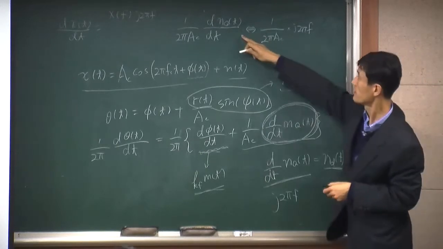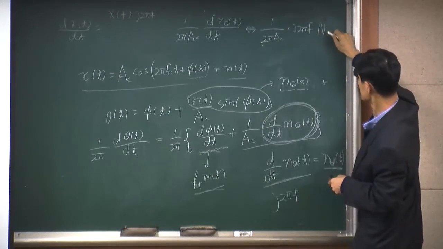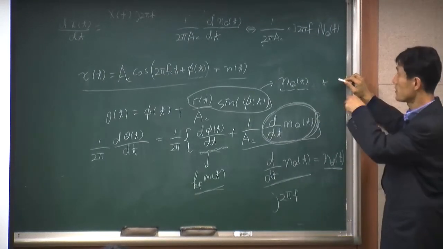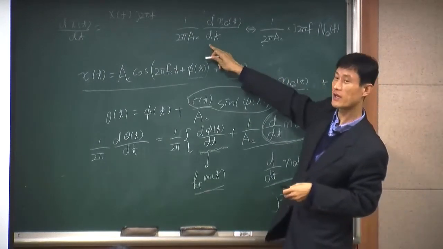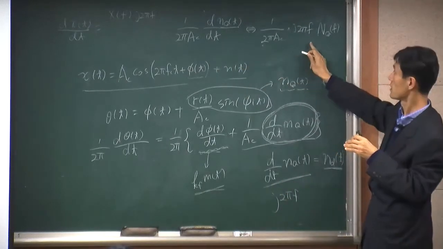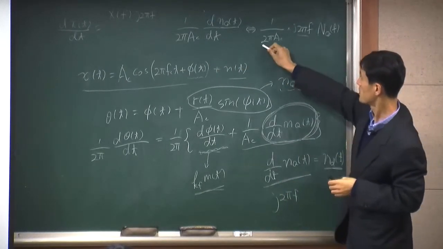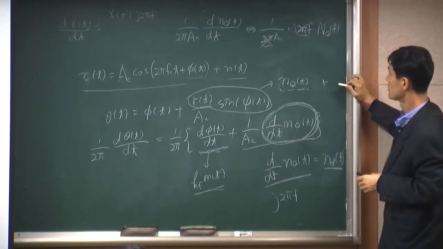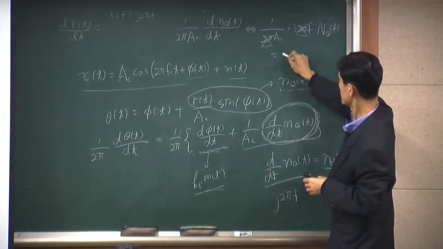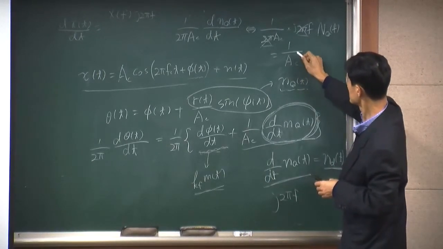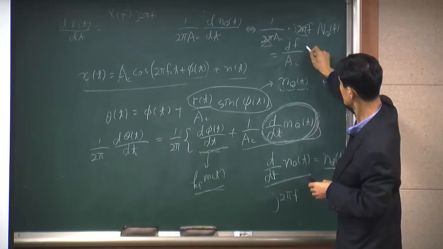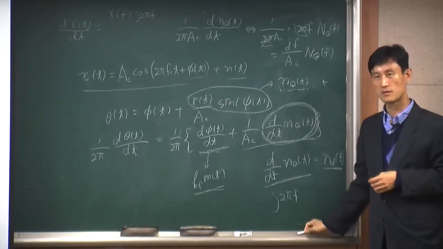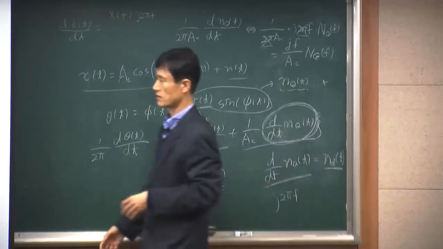Of course, we have n_q(t), and that changes into N_q(f). So this is simply the time domain, and we are doing the same thing in the frequency domain. Now the 2π constant cancels out, and what remains is AC times j, f, and the noise frequency response.